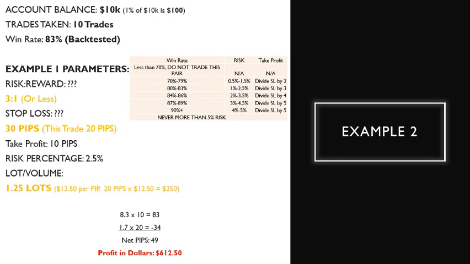So again, we have a million wrong answers, but there's a handful of right answers. There's not one right answer, there's a handful of right answers. And the right answer always equals profit. If it doesn't, then it's the wrong answer. And if it's too close, then it's the wrong answer. Because we haven't even considered commissions, swaps, all that stuff, right? And we're not going to, by the way, because we're not going to get that close.